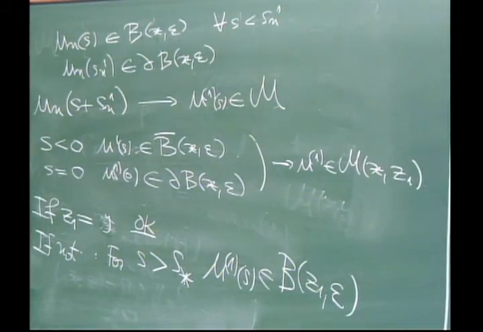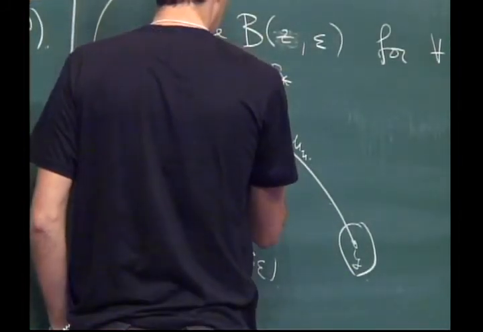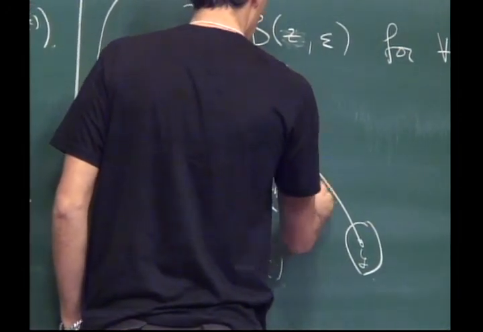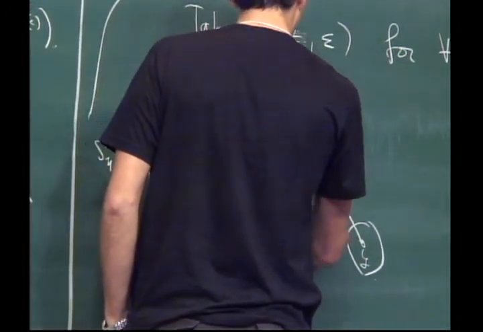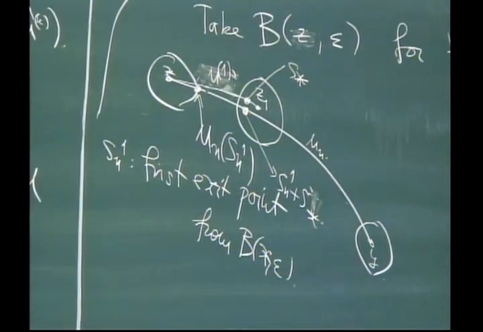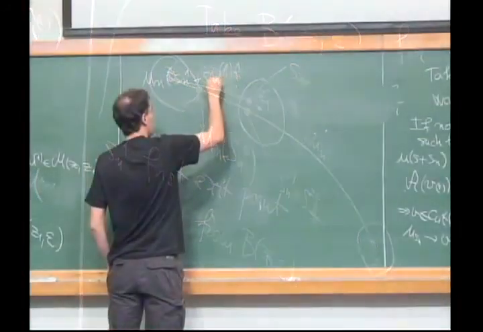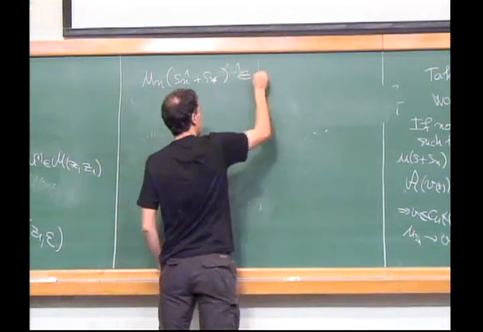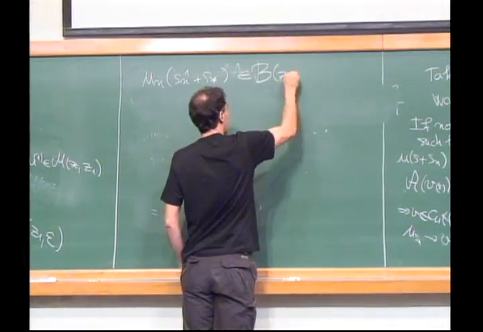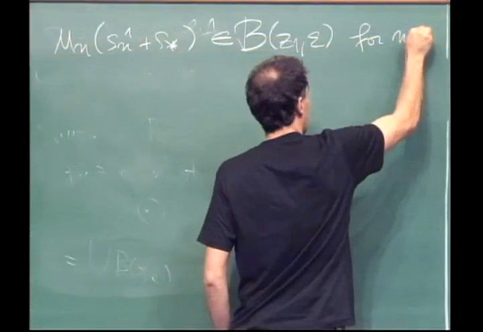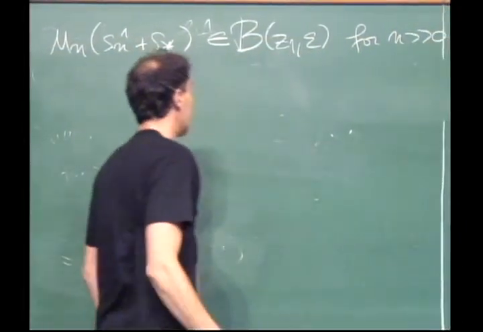So this means that for the time Sn1 plus S star, UN is also in this ball. So UN of Sn1 plus S star belongs to this ball for n large enough.